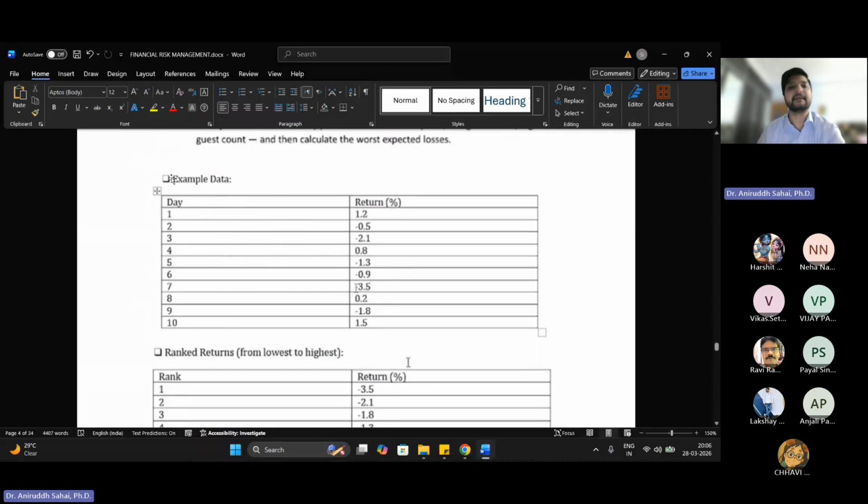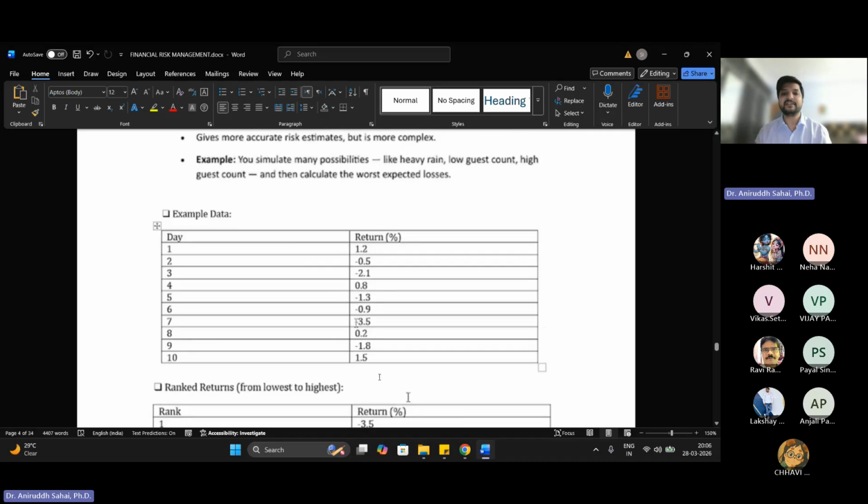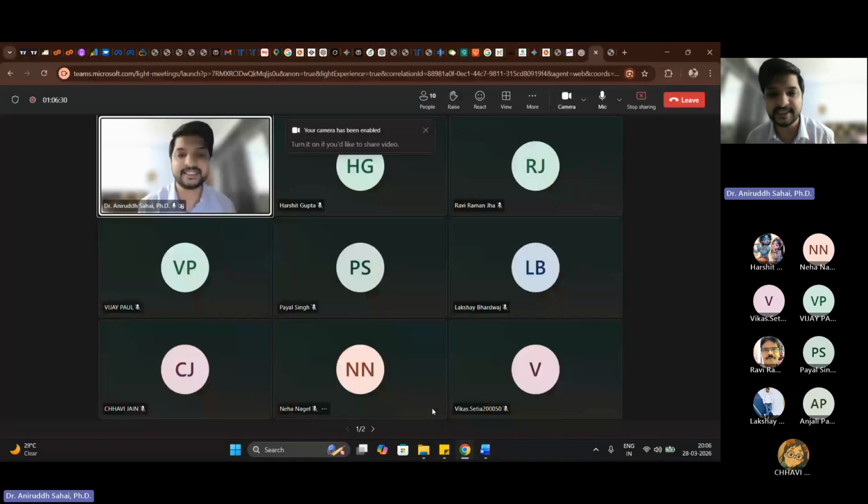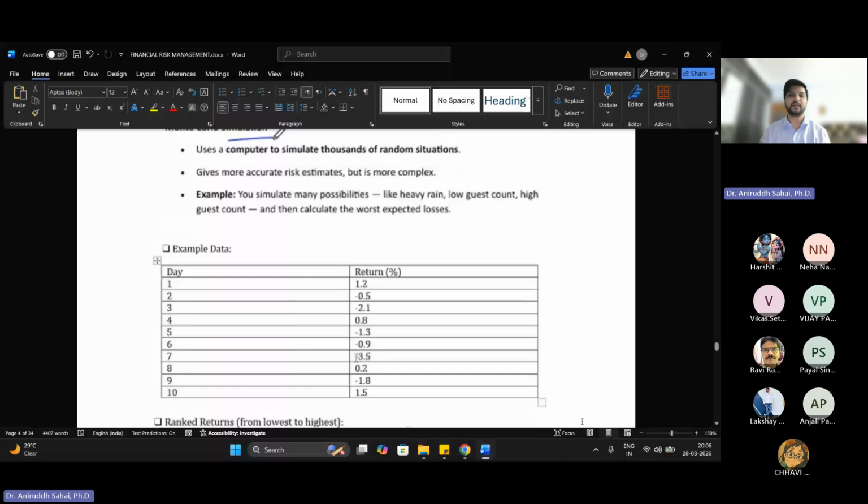This is the first example of the kind of question that you can get. You are given these previous 10 days कि इतना % रिटर्न रहा है हमारा पिछले 10 दिन में, and based on that you need to tell with 90% confidence what is your VAR, value at risk. Anyone can tell the answer. What is your 90% VAR?